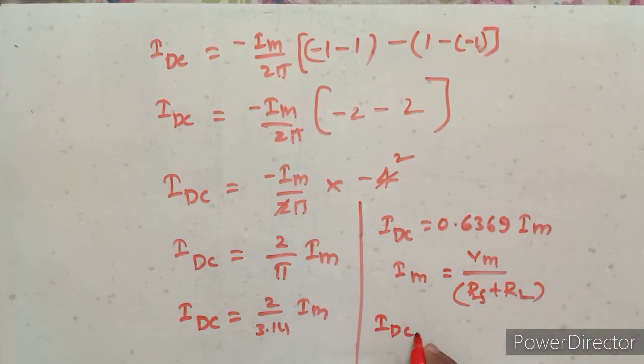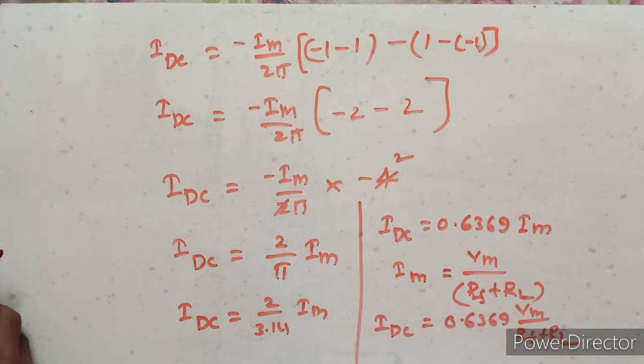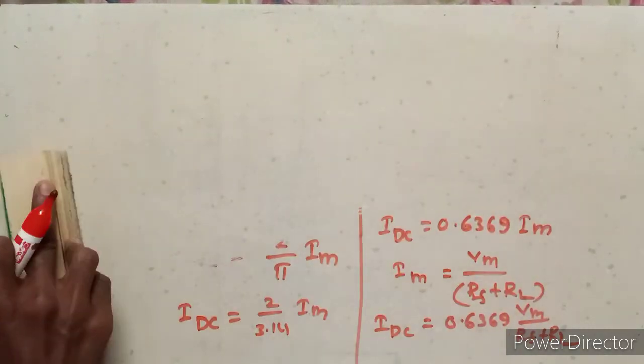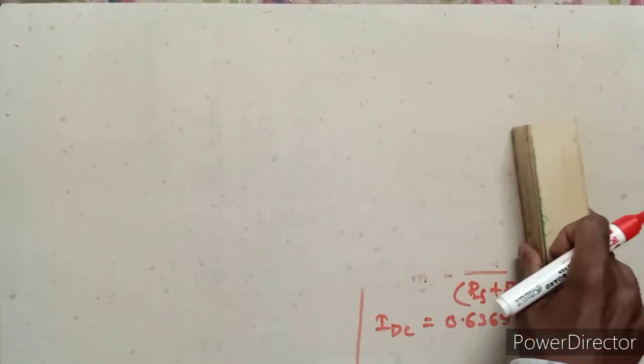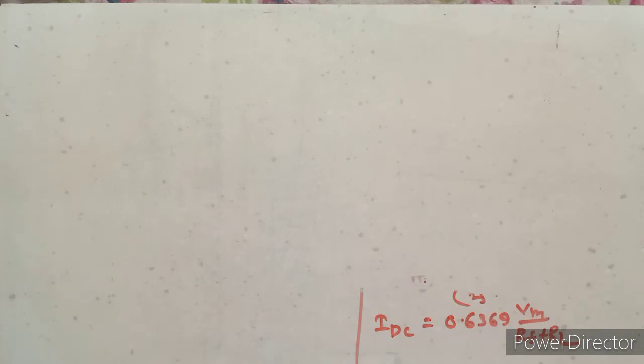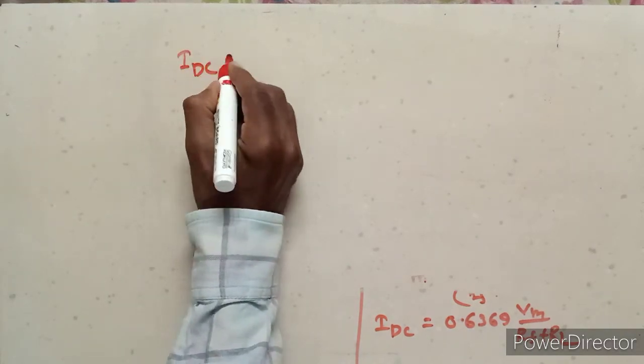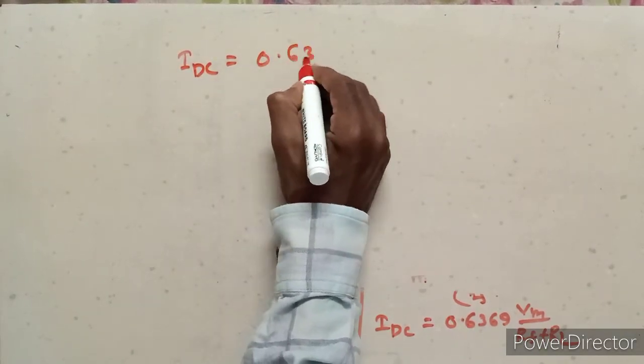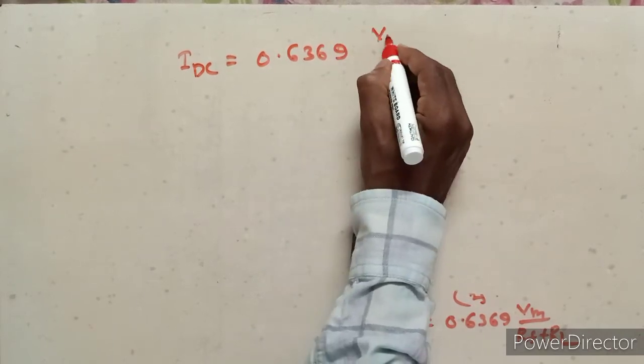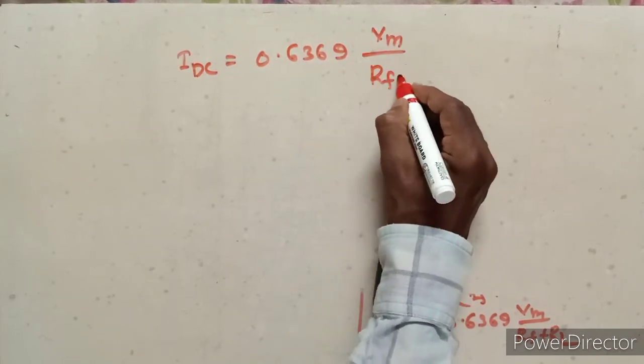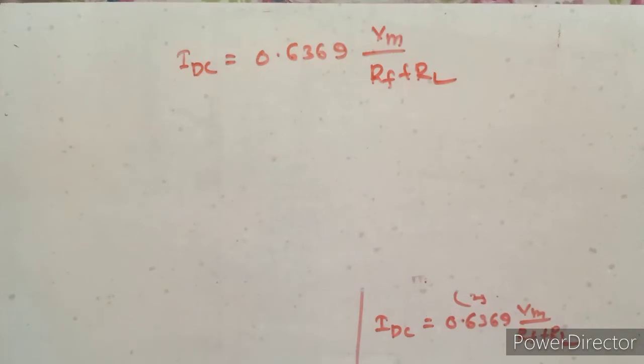The DC value of the current equals 0.6369 Vm upon Rf plus RL. This is the DC value of the current.